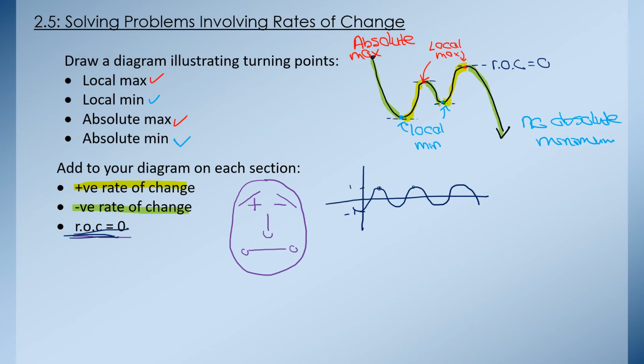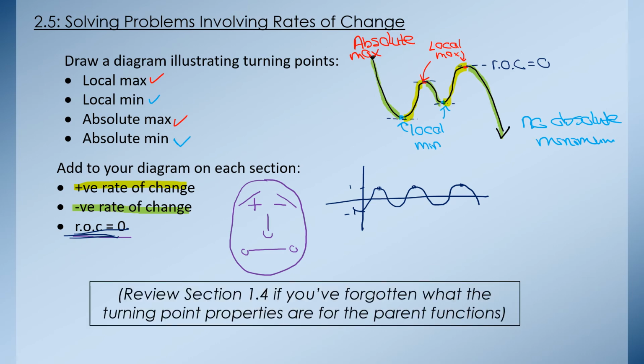So these are all absolute maximums here. They're not local, they're absolute because they're as high as the function gets, but it's repeated. So the sine wave would have absolute maxes, not local. Local means there's something higher or lower than it, but this one doesn't. If you've forgotten about turning points for the parent functions, just be sure to go back and review section 1.4. All right, we've got two more.